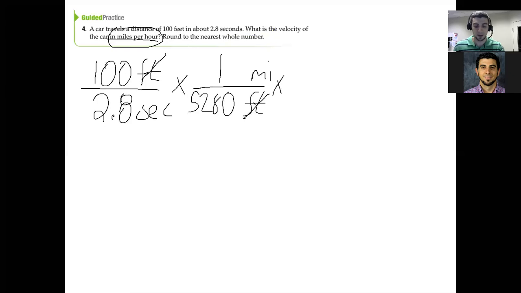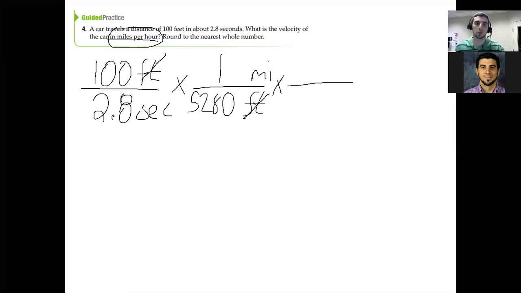Now that takes care of the feet. I'm already in miles. Now I have to convert seconds into hours. Well, unless you know what it is, you have to first convert seconds into minutes and then minutes into hours. If you could figure out how many seconds are in an hour, then you can just do it in one step. But I'm going to do it in two just to show you how to do it.